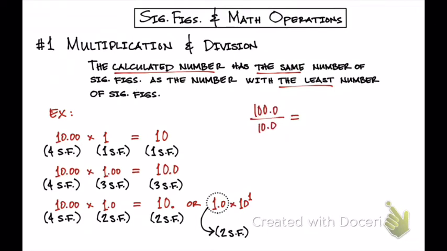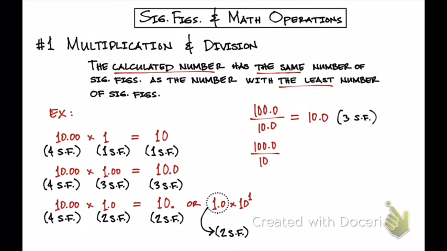All right, in division, same idea, it's the same concept. You're going to compare the two numbers and see which one has the lesser number of sig figs. So 100.0 divided by 10.0, 4 sig figs compared to 3, so you go with the lesser number of sig figs, so the answer would be 10.0.